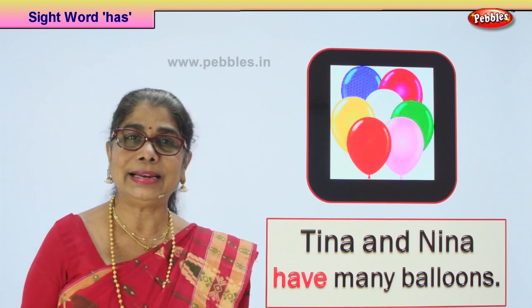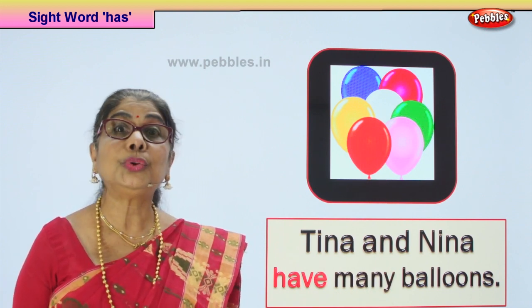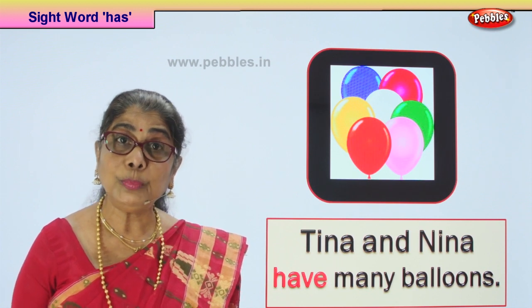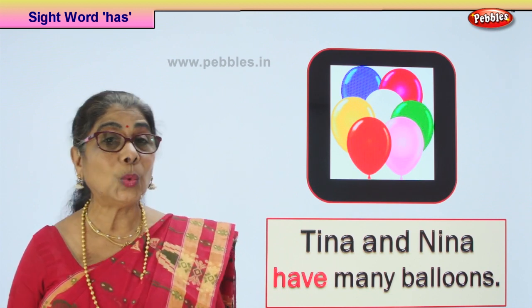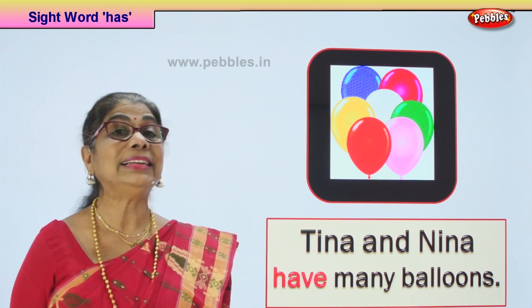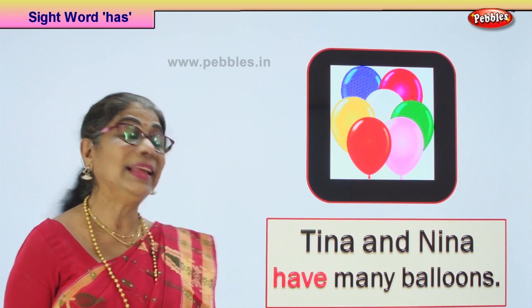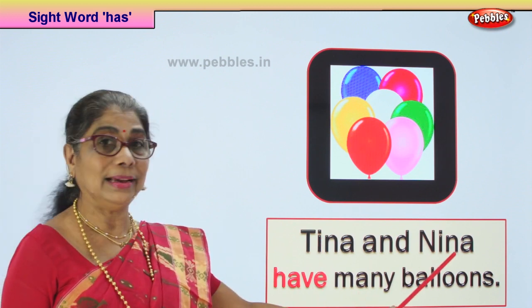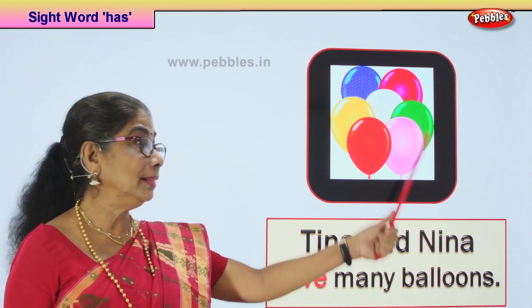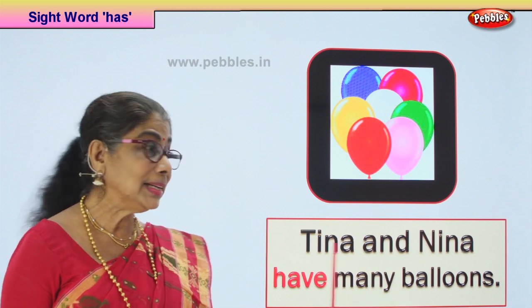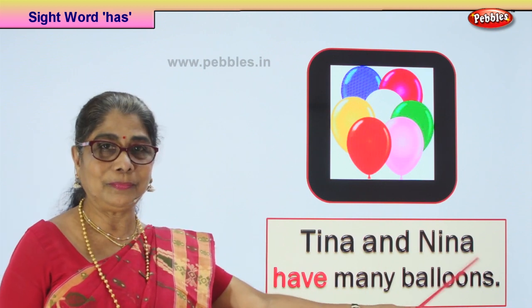Let's see. Let's look. To whom do these balloons belong? We are going to read a sentence with a capital letter and full stop. And in the sentence, we have a sight word, have. Tina and Nina. These balloons belong to Tina and Nina.